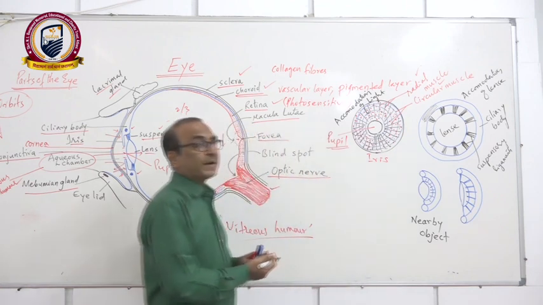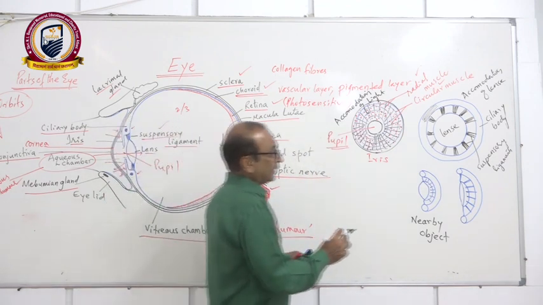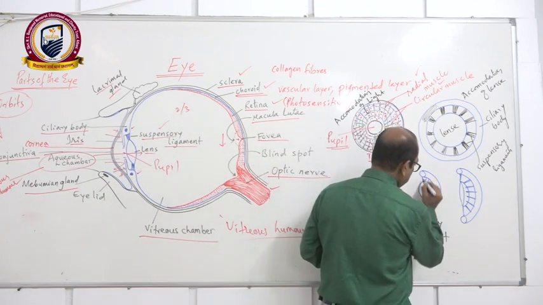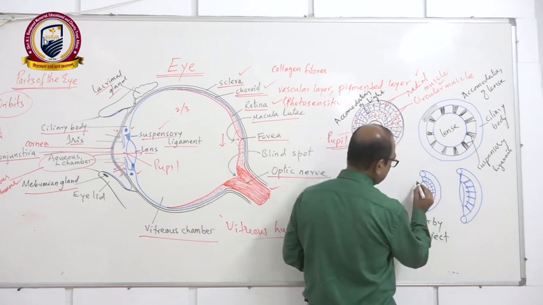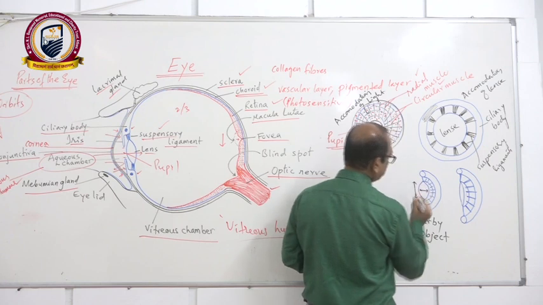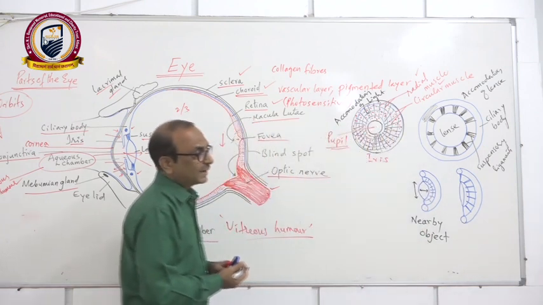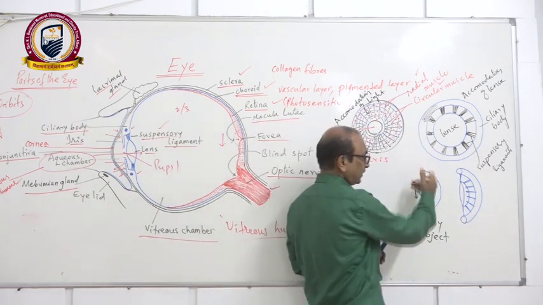To focus on a nearby object, the lens in cross section becomes thick and short.